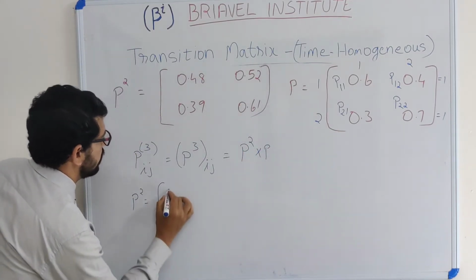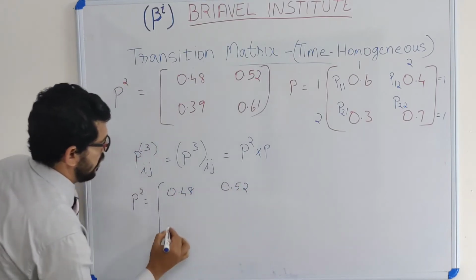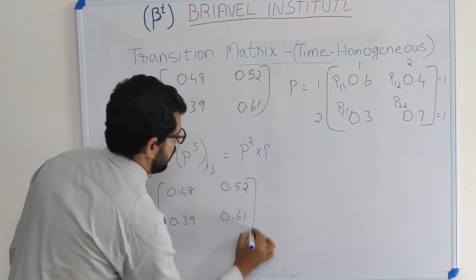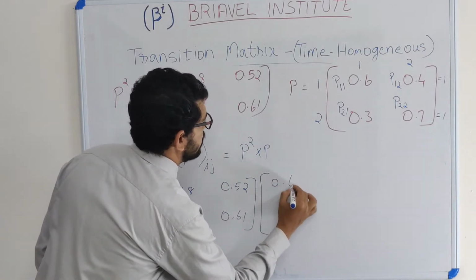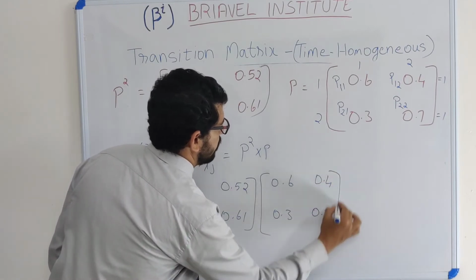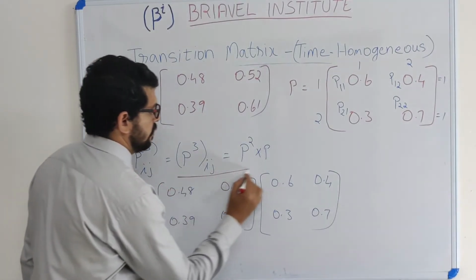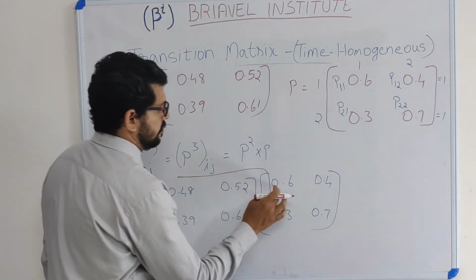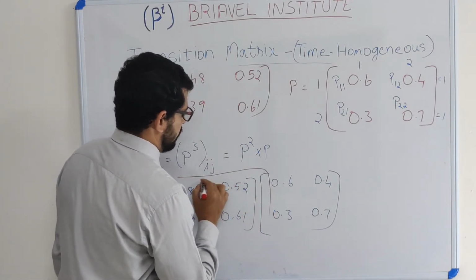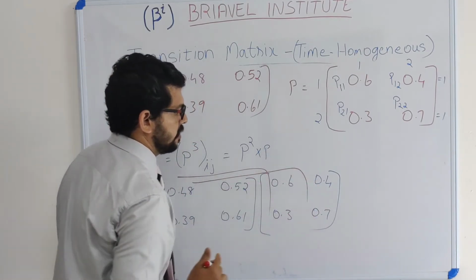So this is 0.48 and 0.52 and 0.39, 0.61, multiplying by P: 0.6, 0.4 and 0.3, 0.7. Again the same rule: we multiply this row to here, 0.48 into 0.6 plus 0.52 into 0.3, and this one to here, 0.48 into 0.4 plus 0.52 into 0.7.